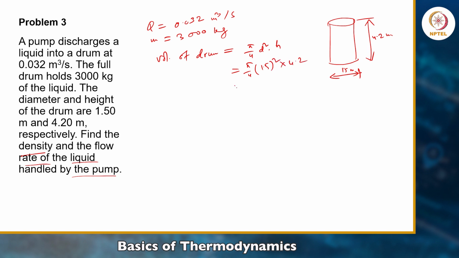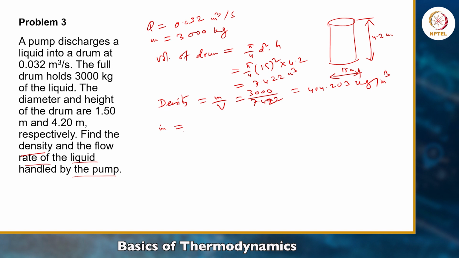This is giving 7.422 meter cube, and therefore density equals m by volume. Mass is given already 3000 and volume 7.422. So this is giving 404.203 kg per meter cube.